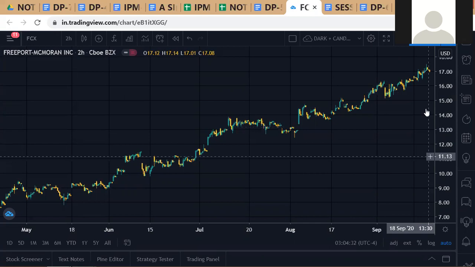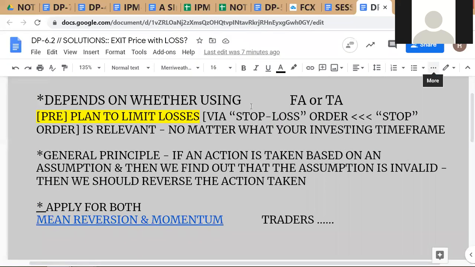At what point do we exit the position if the price starts falling? Now you have also understood this point, that the logic through which we come to the solution here for 6.2 is very simple. You agree with the general principle which I've written here? You agree with that?